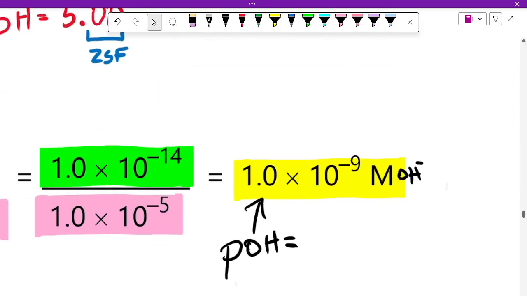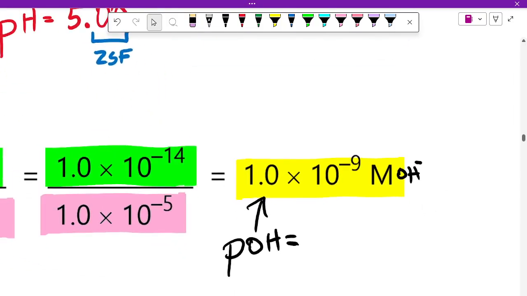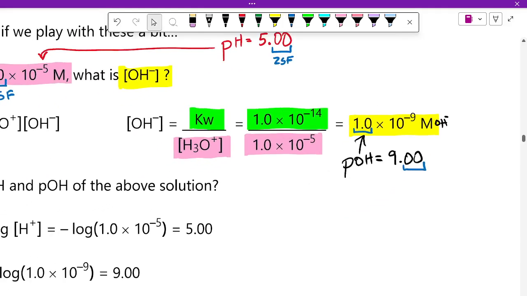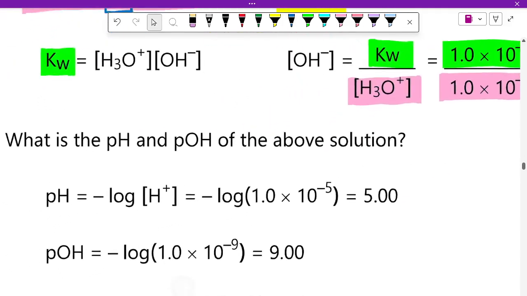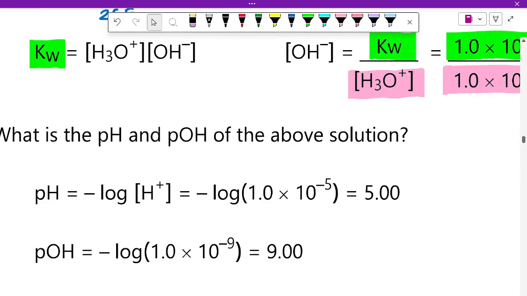If our hydroxide concentration is 1.0 times 10 to the negative 9, pOH would be 9.00. 2 sig figs. If you would prefer to do the math and show the work, that's fine. You can plug that into your calculator and you'll get the same answers.